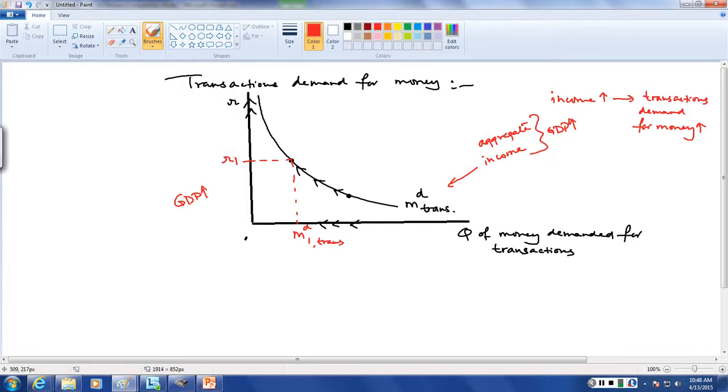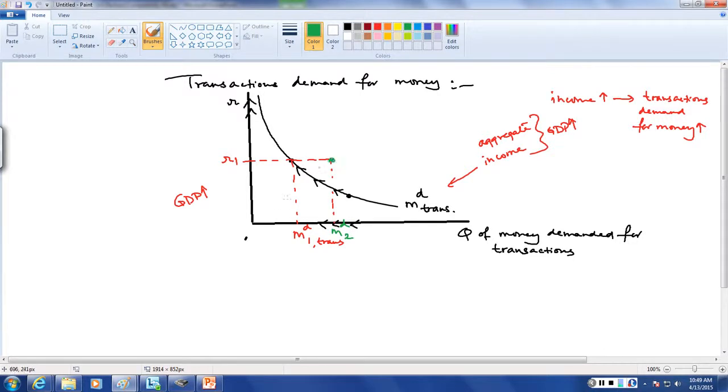Well, at the same interest rate, people would now demand a larger amount of money. Why? Because with GDP going up, real income going up, in other words, people would want to shop more. And in order to shop more, they would need to hold more money. Is that correct? So instead of demanding the old MD1, they would now demand a new MD2.